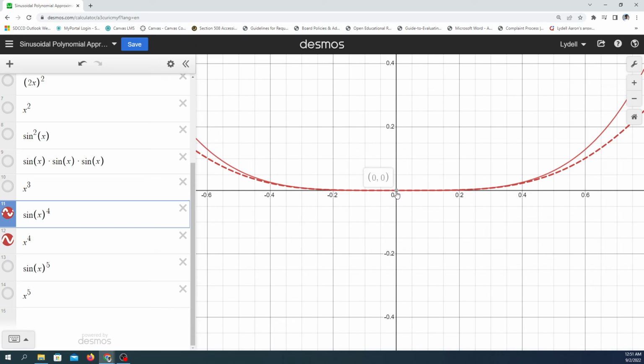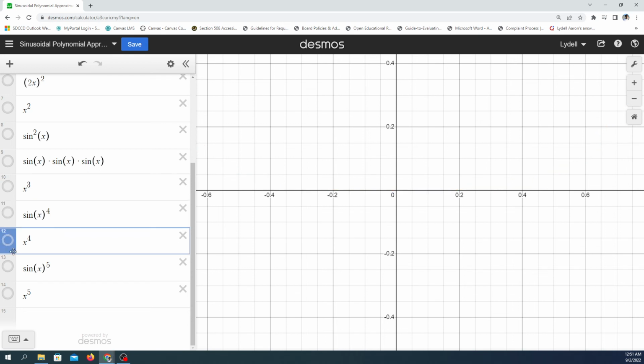And as you approach 0, they're identical, or they approach identical, however you math experts want to say it. There's a limit. Let's go one more, degree 5, order 5.